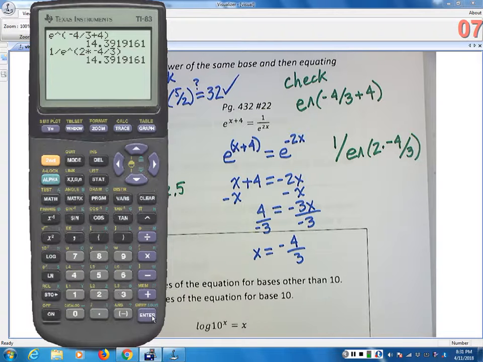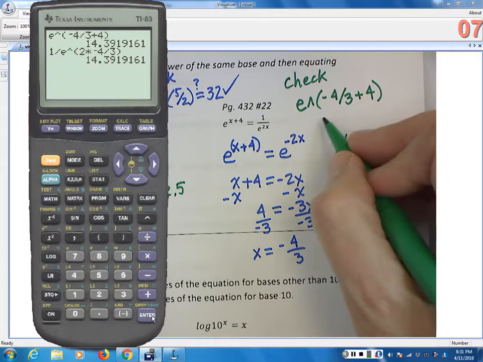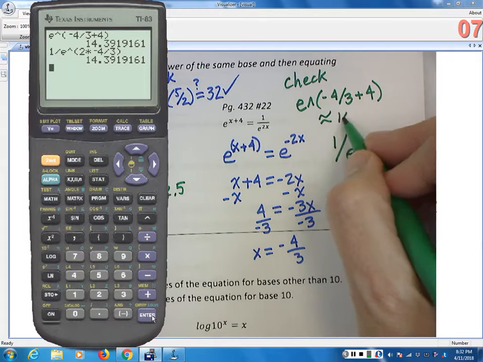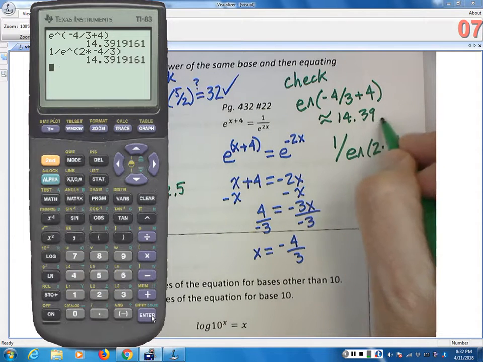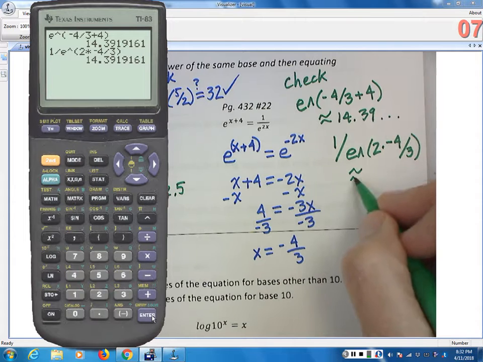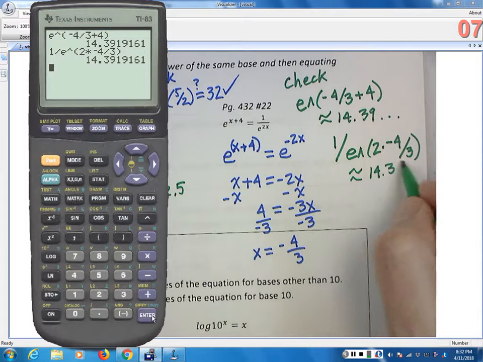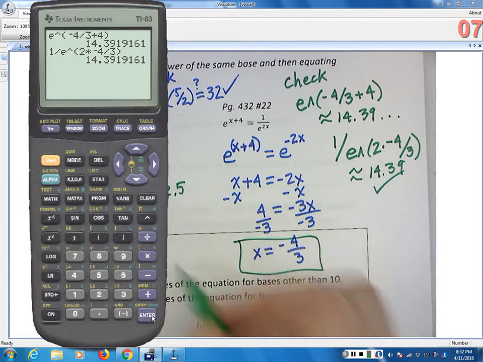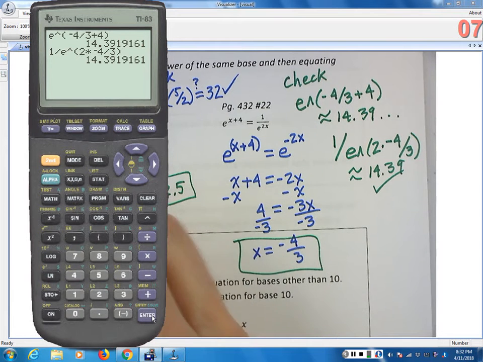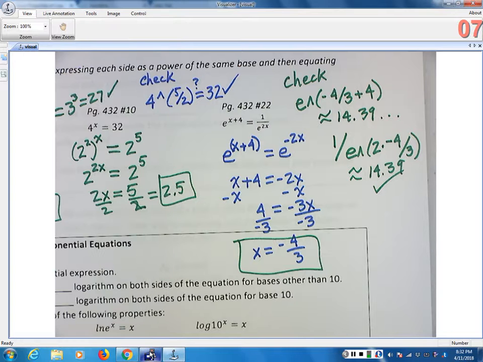So you can check it. Okay, so there's your answer. Okay, so if I ask on the test for you to solve something by setting it to the power of the same base, then you need to do it that way.